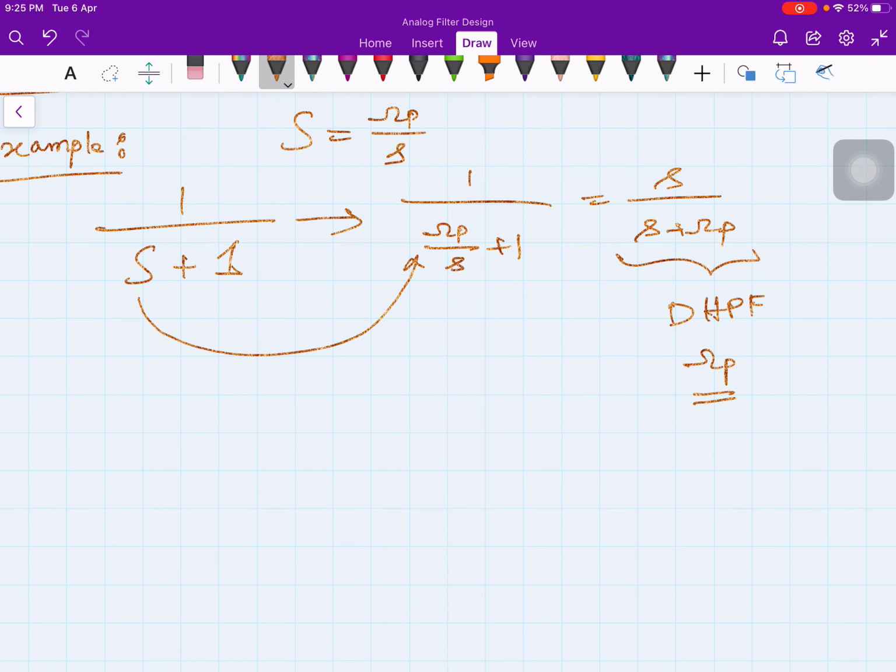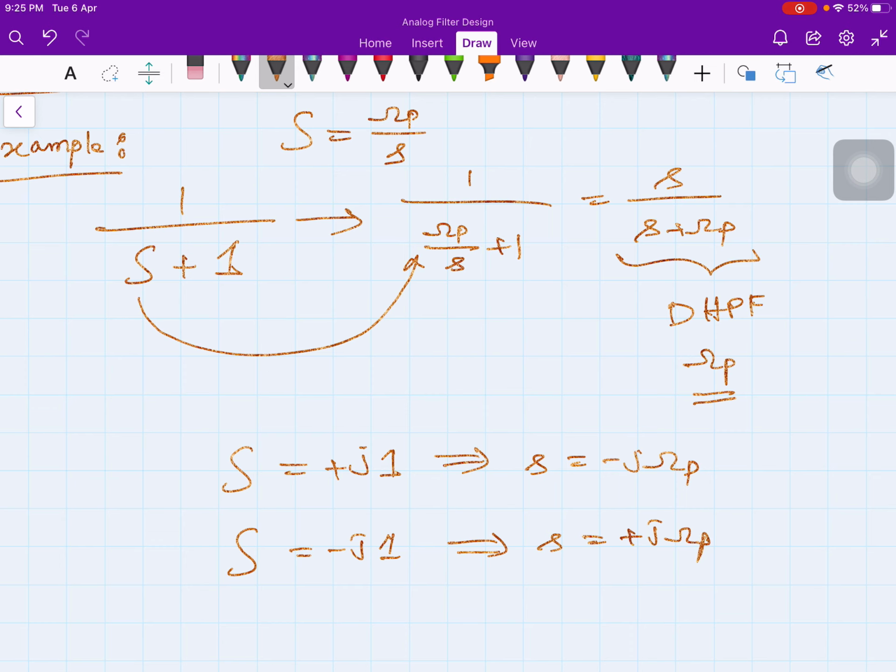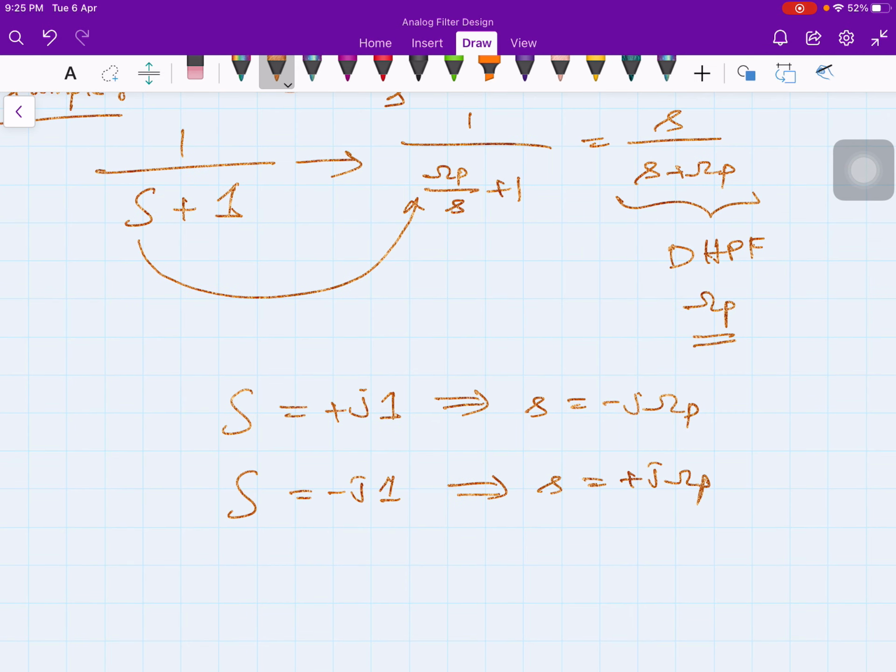When I say capital S equal to plus J1, 1 radian per second, then this is transformed to small s equal to minus J omega p. When capital S equal to minus J1, then this is transformed to small s equal to plus J omega p. So the positive frequencies here go to negative frequency, and here the negative frequency would go to positive frequency.